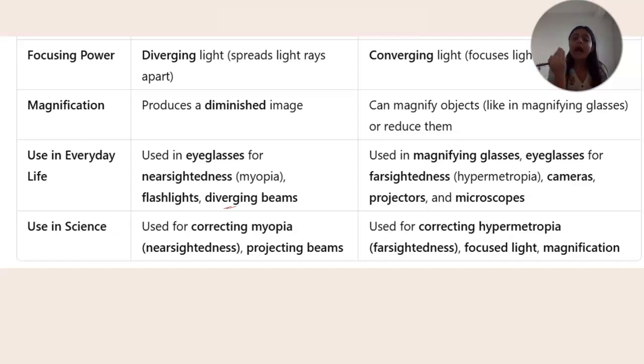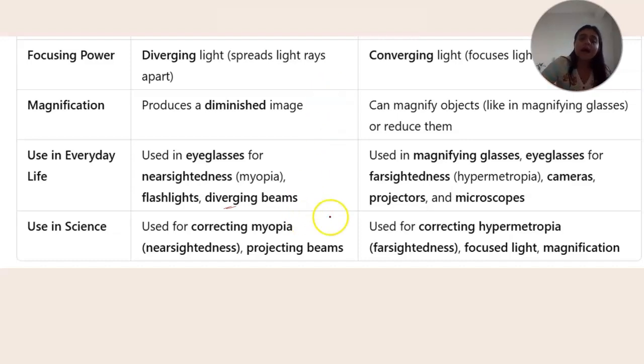And if we talk about hypermetropia, or hyperopia, in this disability the person is not able to see near objects, or their near sight is weak. They can see far objects very clearly, but not near objects. In certain situations, they make use of convex lenses in their specs.